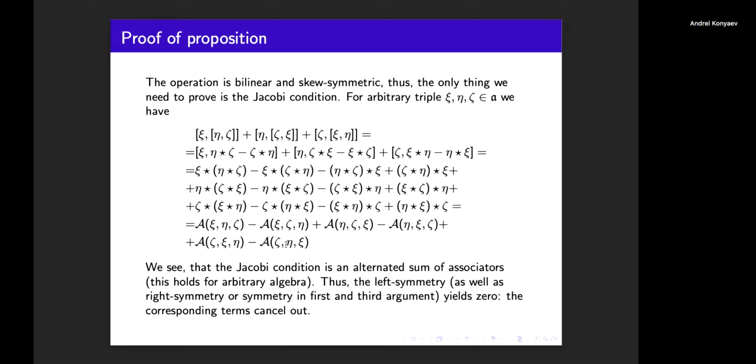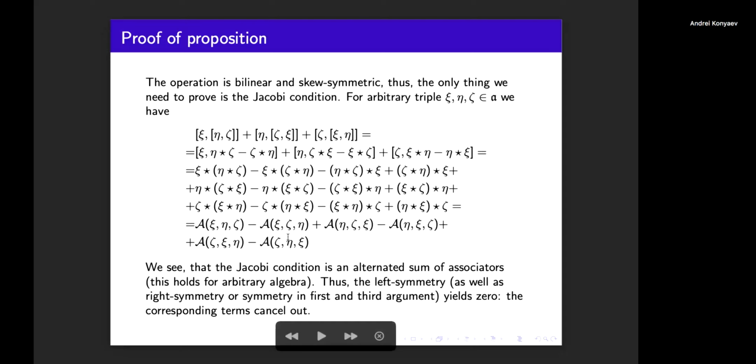And we see that the left symmetry condition is a simple condition that allows this sum to vanish, because if you transpose two of the elements in the associator, it is supposed to stay the same because of the left symmetry, but they enter this formula with different signs because it's a transposition.